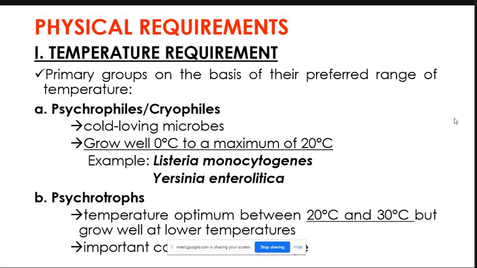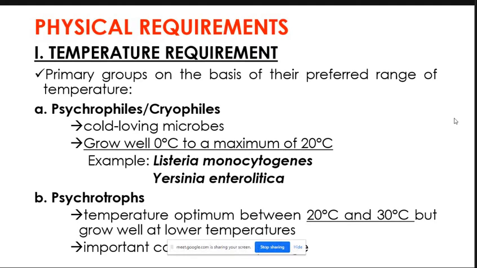Yeah. And the next basic classification po is anaerobes. Tapos under ng anaerobes, we have obligate anaerobes and aerotolerant anaerobes. Okay, very good. Okay, so the last one, when we're talking of carbon dioxide, Estela, may pagaw.